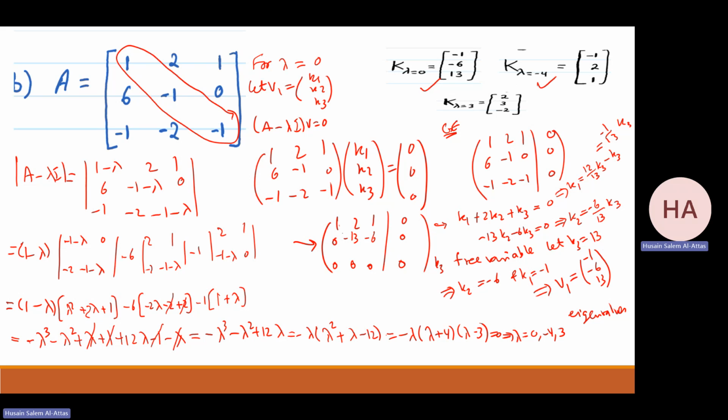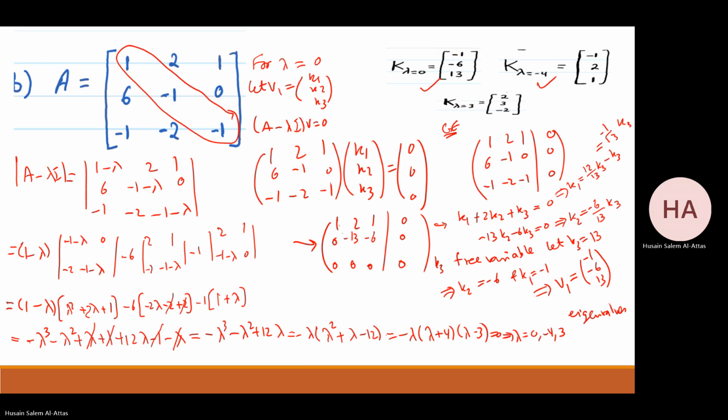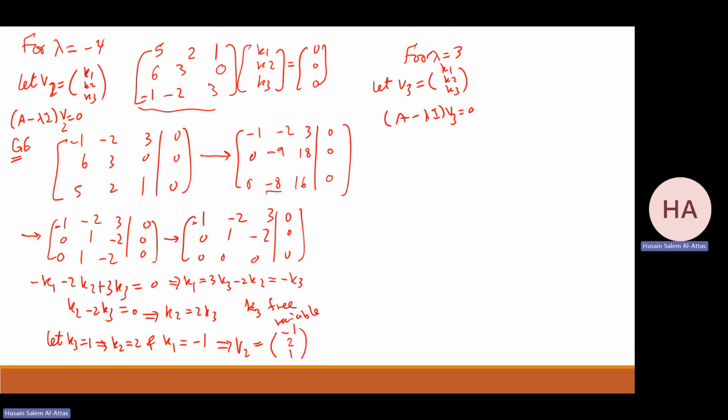Yeah, I need to be careful with the calculation. Yeah. For lambda equals 3, I need V3. I need to solve this system as usual. So what is the system? 1 minus 3.